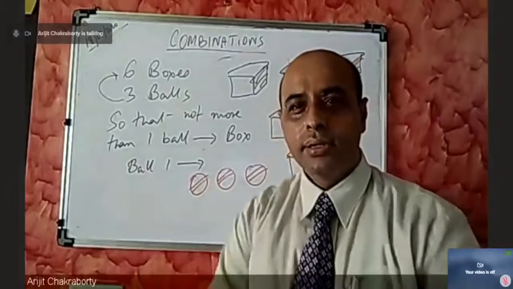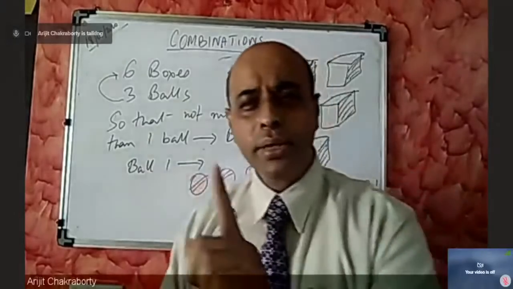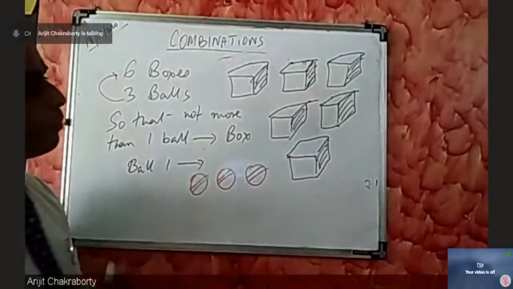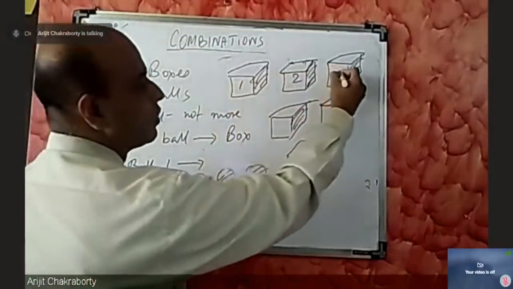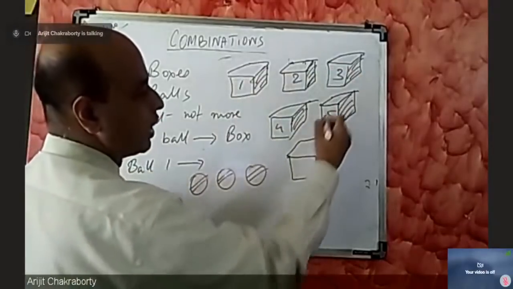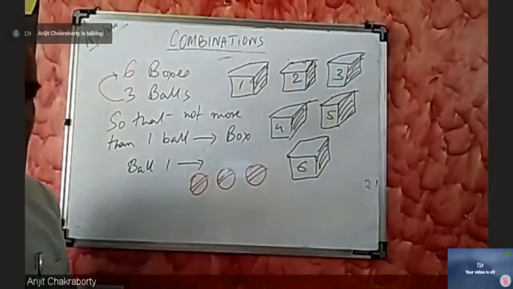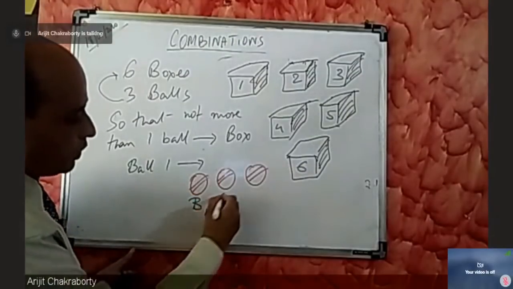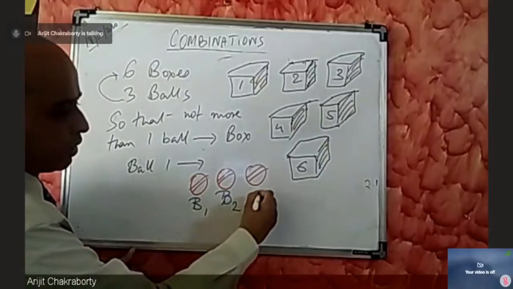Now, just think, no need to memorize any formula. Just see the concept. 6 boxes, box number 1, 2, 3, 4, 5, 6. I have got 3 balls, B1, B2, B3.